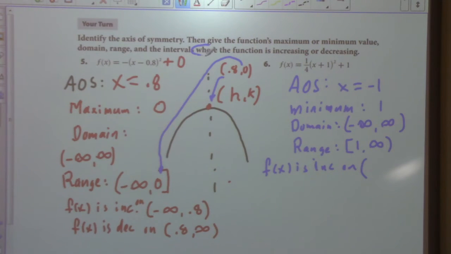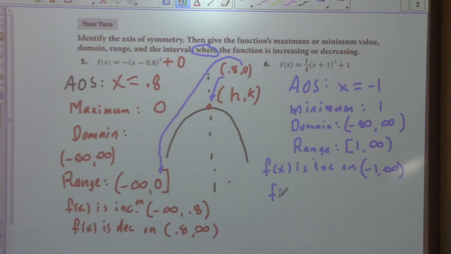And where, that's a key word, right? Where is the function increasing? Who said negative 1? Somebody said negative 1? Randy. So negative 1, comma, infinity.